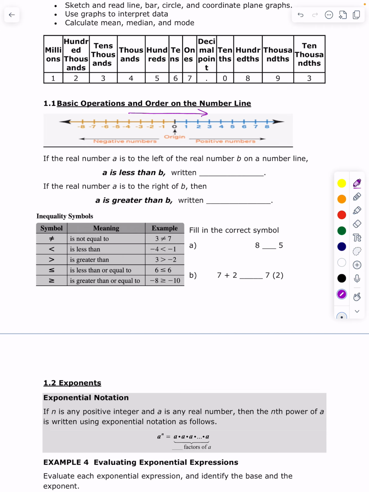If you notice, 0 kind of cuts the number line in half, and then when we go to the opposite side, negatives are in reverse order. Okay, sometimes it helps to think of, when we are trying to order anything, further to the right is larger. Okay, so anything up here is larger.